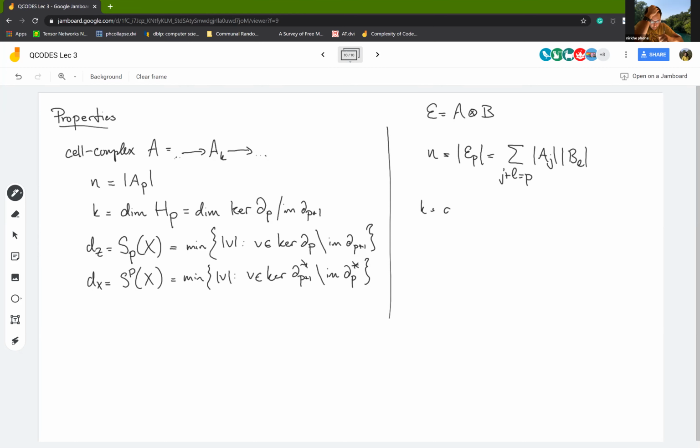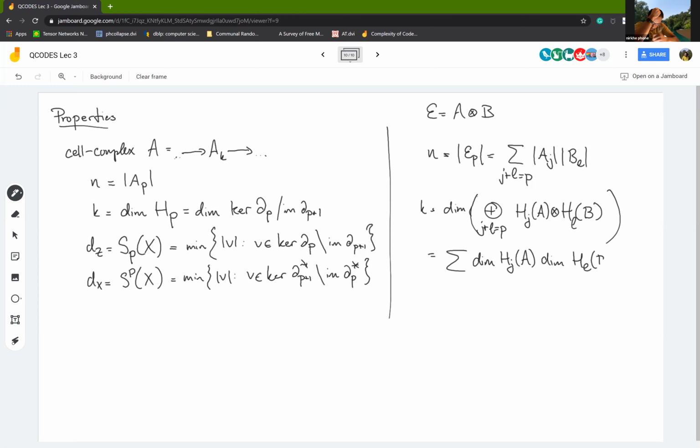K will be the dimension of the direct sum over j plus l is equal to p of the homology groups that come from these codes, which is equal to just the sum over the dimension of H_j of A times the dimension of H_l of B. Right?